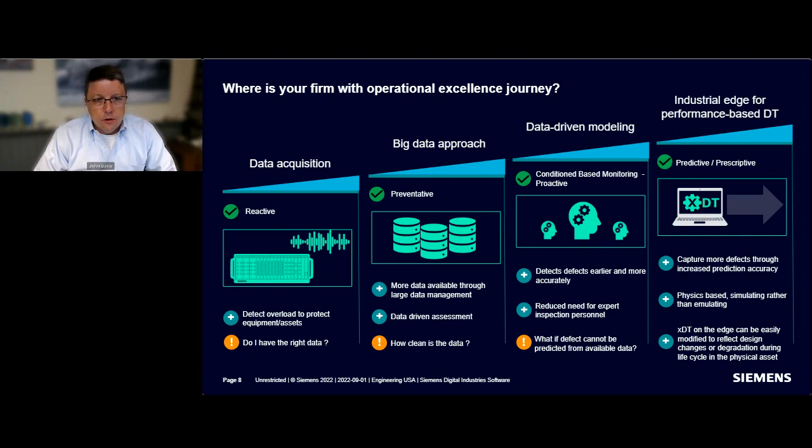Everything that we can do to bring the consistency of supply and the reliability of our assets to the highest level possible is going to help, because at the same time, the industry is working towards increasing its level of sustainability by reducing emissions. So there's really two big pinchers that the industry is in between right now. So the data-driven approach that yourself and Fabio are talking about couldn't be more timely.